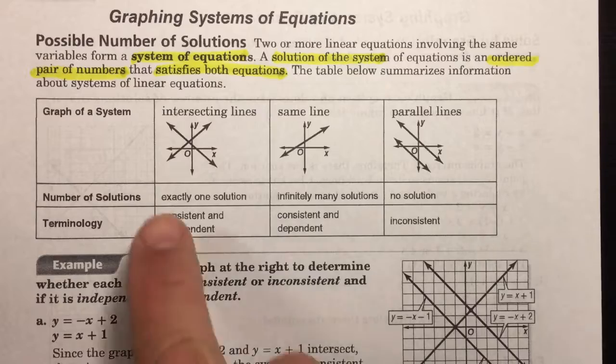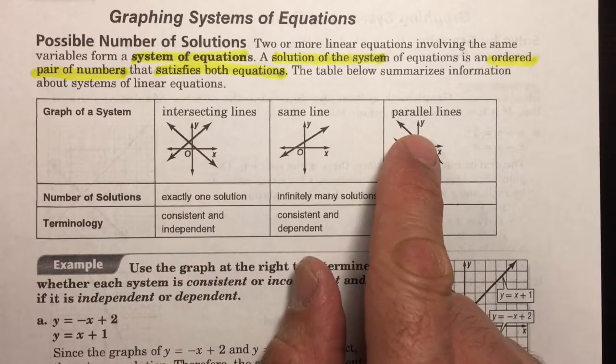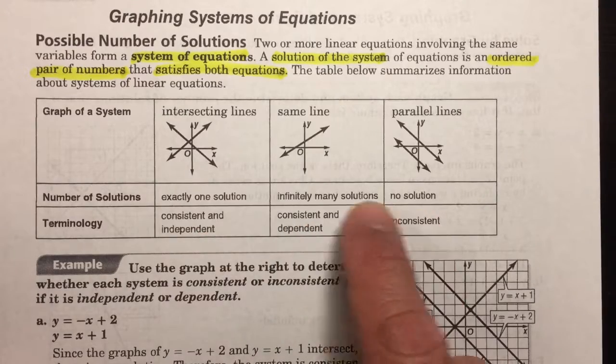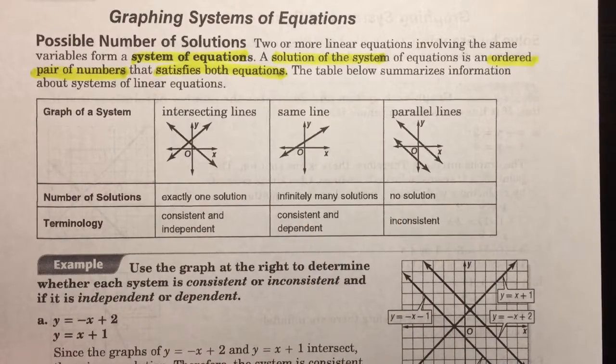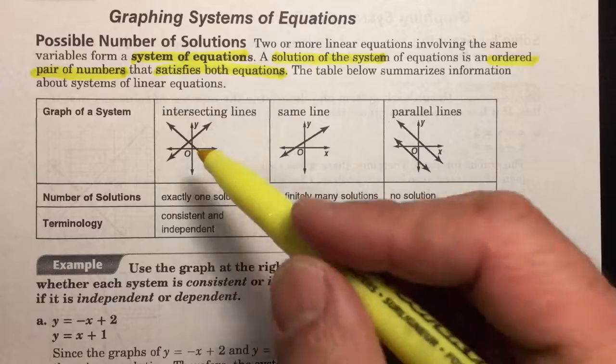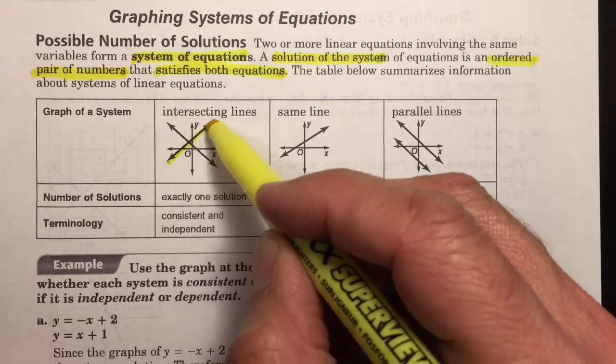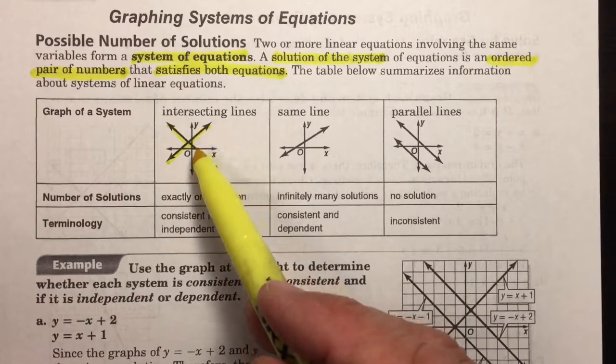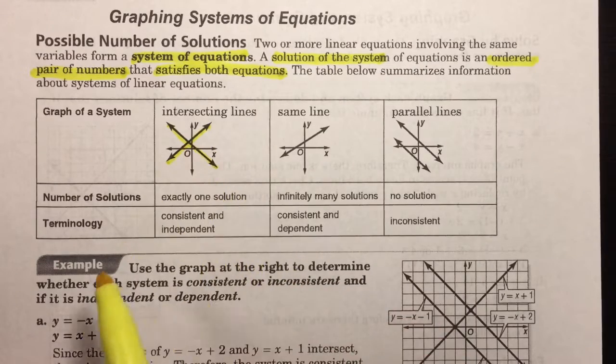Okay, the graph of the system is this one, the number of solutions this one, and the terminology we use is this one. For example, if we have two lines, meaning a system of two equations, this is one equation, one line, and this is another equation, another line. When they intersect, the point where they intersect is called the solution of the system.